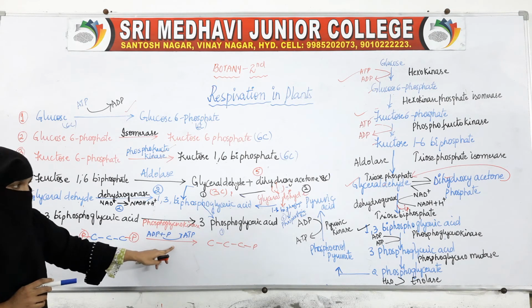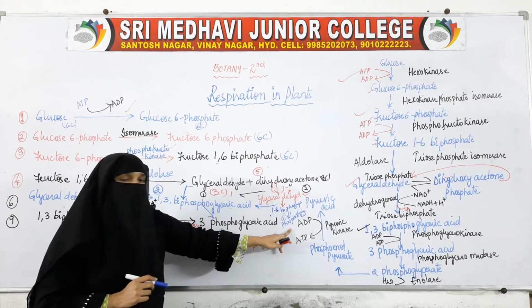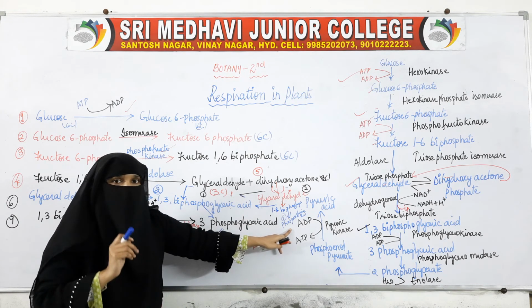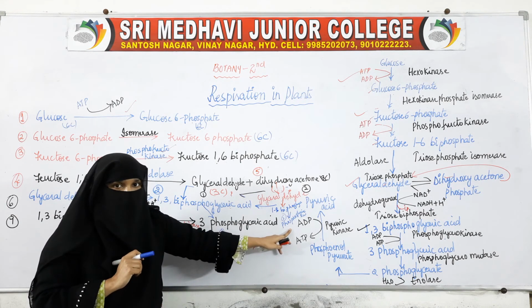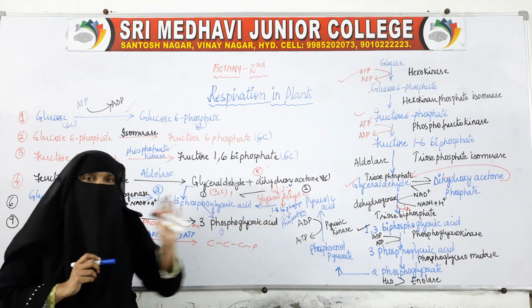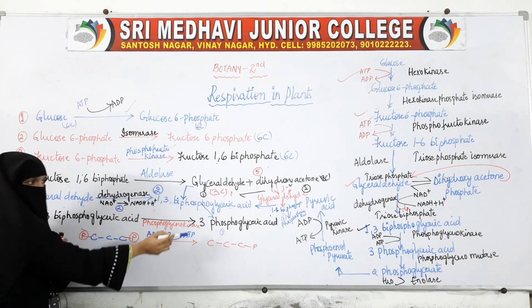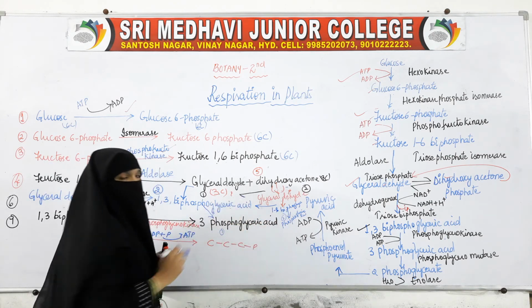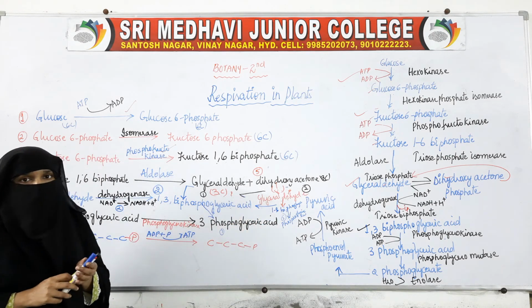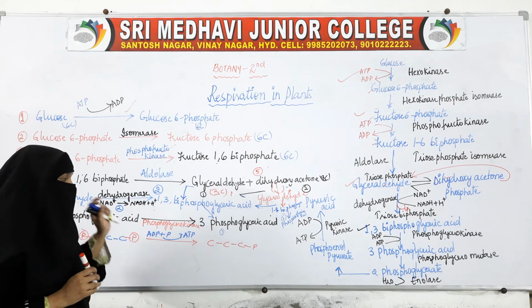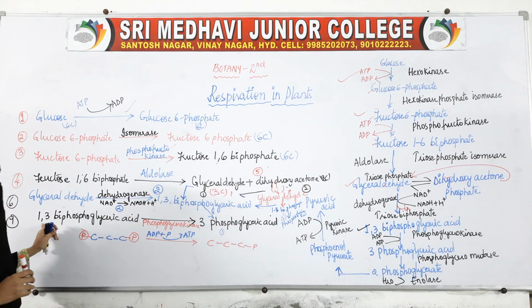One ATP for this and one ATP for this. 2 ATPs have been formed. This ADP has changed to ATP here and here also ADP has changed to ATP. So, this is the seventh reaction.